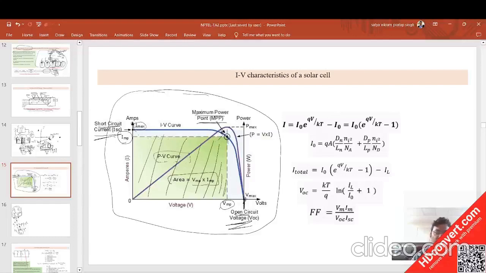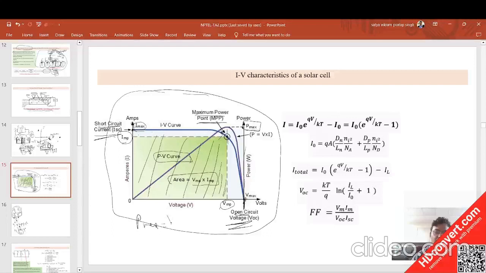Coming to one concept, that is the fill factor. If you project ISC to a particular point, and project from VOC a line parallel to the y-axis, you will get a point that is called Pmax. What is Pmax?